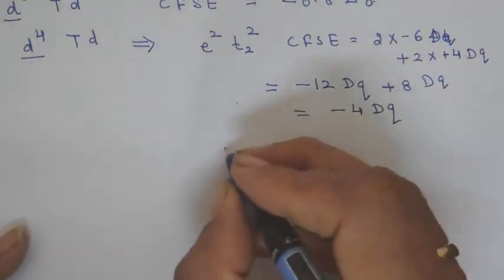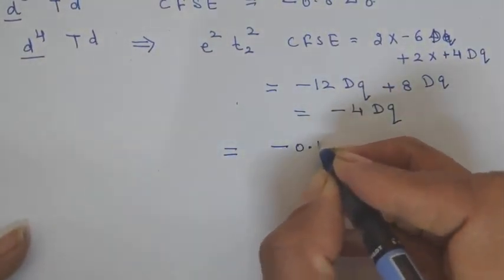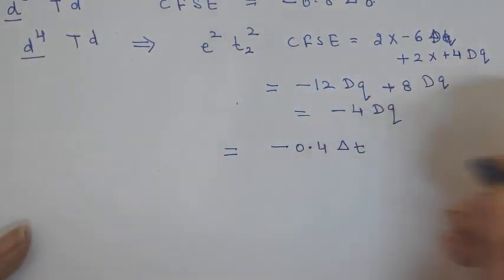Or this value is also equal to minus 0.4 delta T.